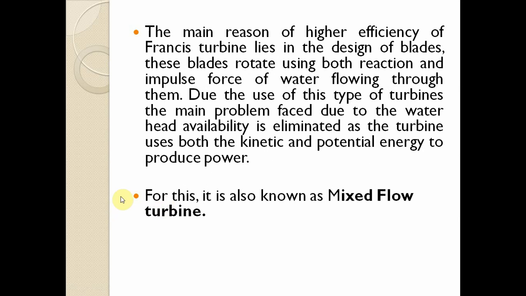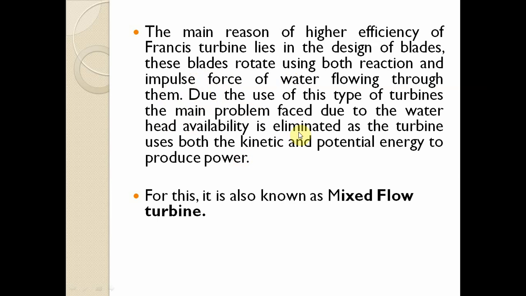The main reason for the high efficiency of the Francis turbine lies in the design of the blades. These blades rotate using both reaction and impulse force of the water flowing through them.